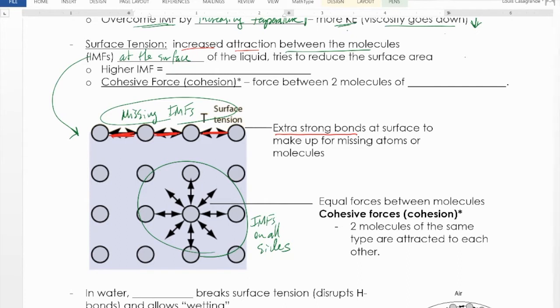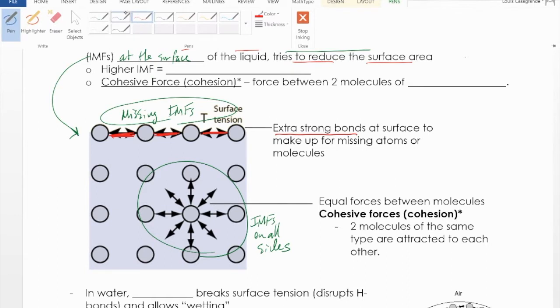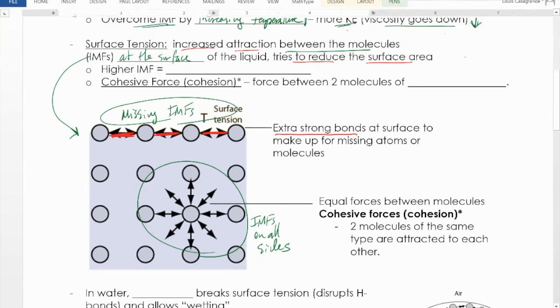And because surface tension does require increased energy, the liquid tries to reduce the surface area, and we'll talk about that in a few moments. For surface tension, as with other things, higher intermolecular forces equal higher surface tension.